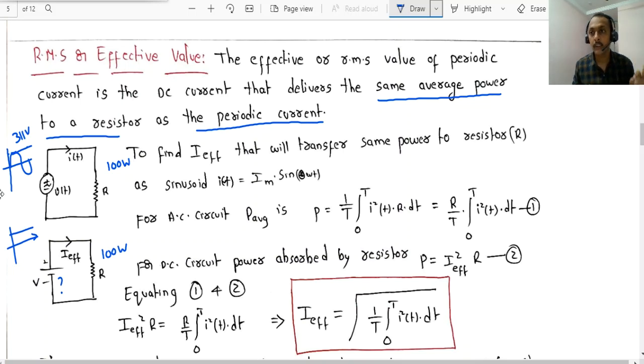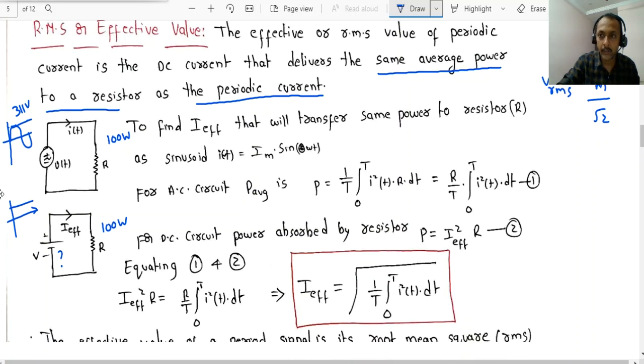That value of DC indicates the effective or RMS value of the given sinusoid. Without deriving, shall I tell you what our RMS value is? V RMS for a sinusoidal is Vm by root 2.